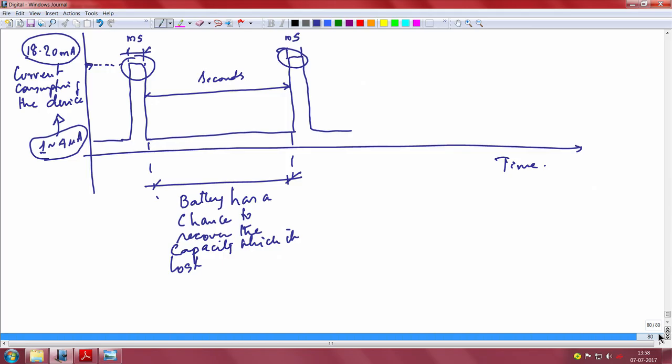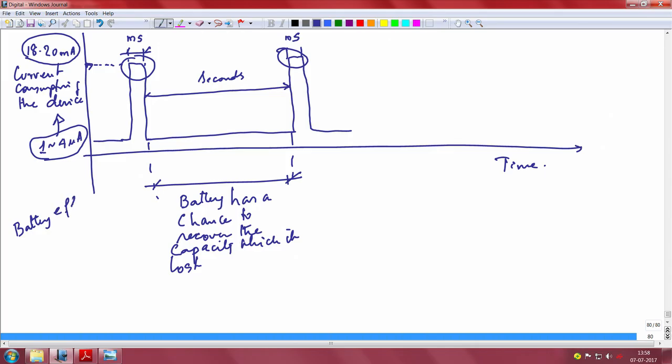So if you ask what battery efficiency is, it is basically a ratio of the battery's actual capacity to its nominal capacity.